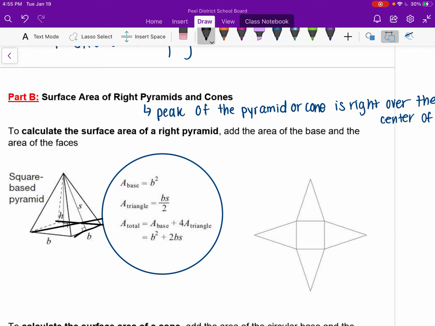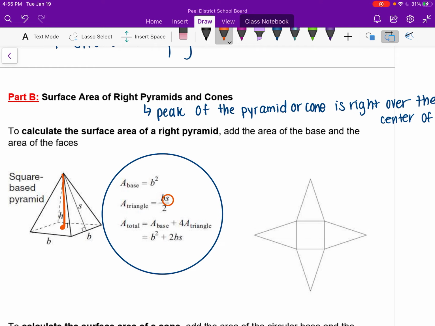So the area of the base is length times width, and because b is the same, you're going to do b times b. Then you're going to do the area of the triangle, which is this right here. The important thing to remember here is it's times s, not height, because height is the height of the pyramid, from the bottom base all the way to the apex of that pyramid.